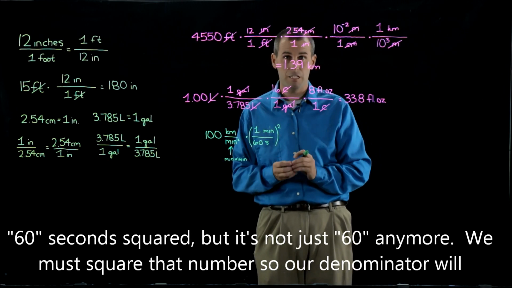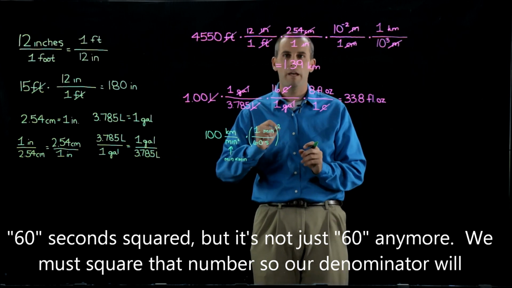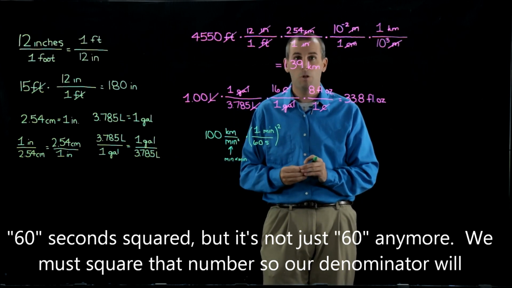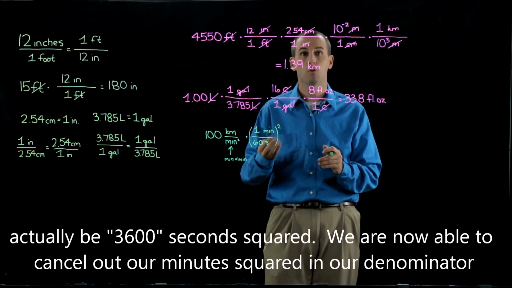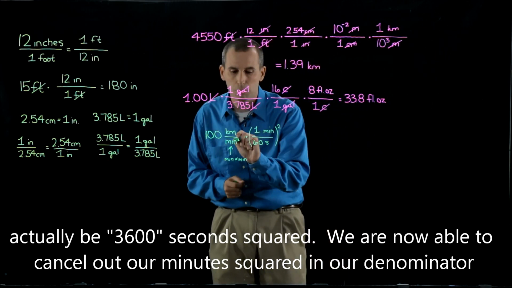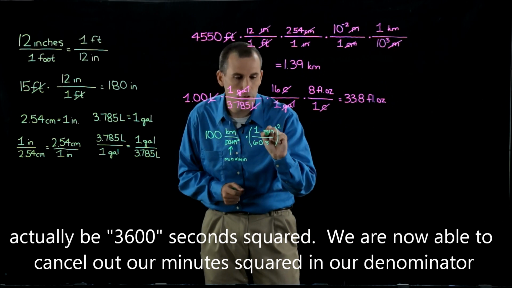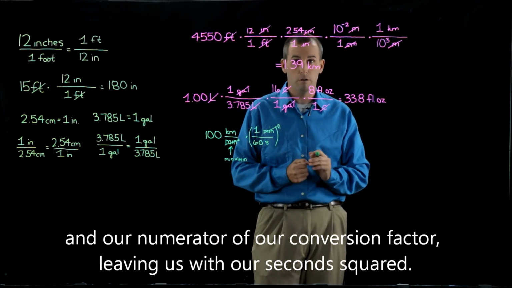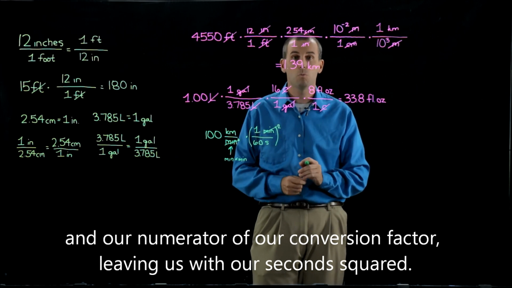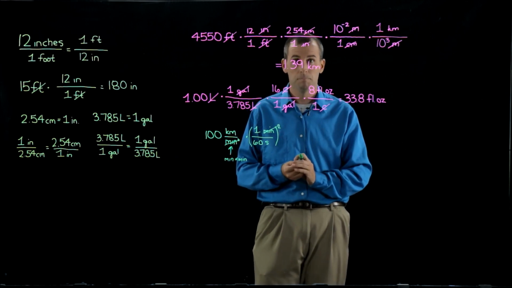But it's not just 60 anymore. We must square that number, so our denominator will actually be 3,600 seconds squared. We are now able to cancel out our minutes squared in our denominator and our numerator of our conversion factor, leaving us with our seconds squared.